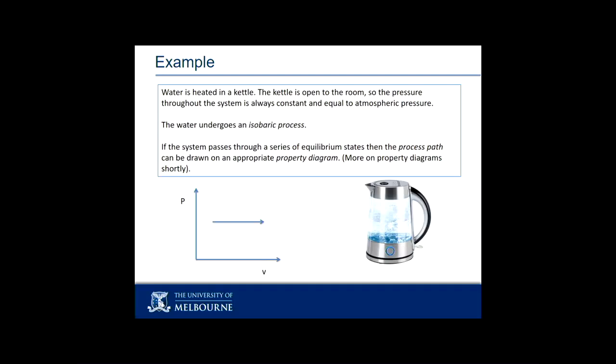So if I keep track of the mass of my system, as I add energy, I'm turning more and more of it into a vapor, which means that more and more of it wants to occupy a larger space, which means that the specific volume per kilo of water that I'm keeping track of is increasing. What I see in the kettle is a level of liquid water reducing because I'm turning it into steam during that boiling process.